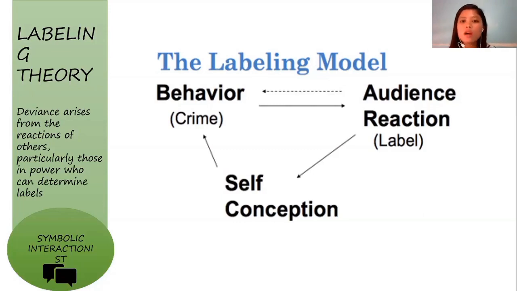Here we have this labeling model on our screen. For example, the behavior. Again, we have here the labeling model. It talks about the cycle of labeling wherein it affects one's self-conception. Here, behavior, then we have audience reaction, then self-conception.